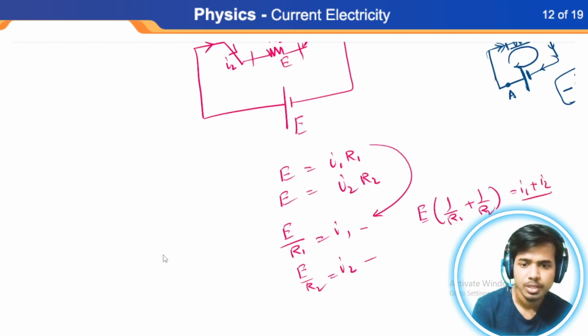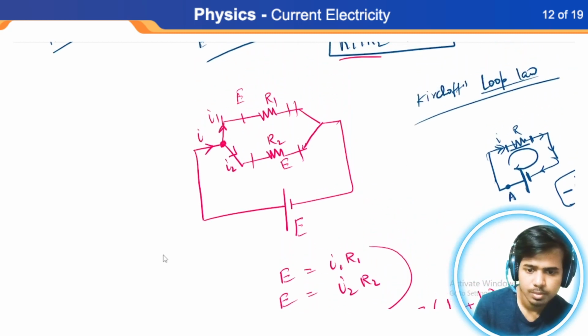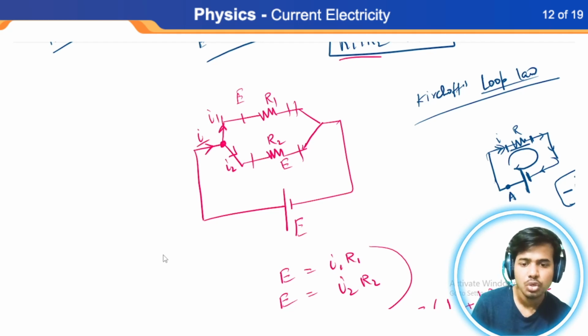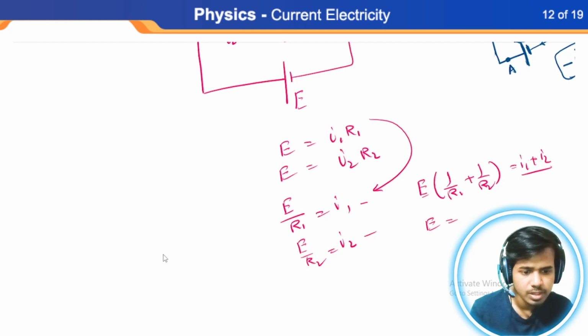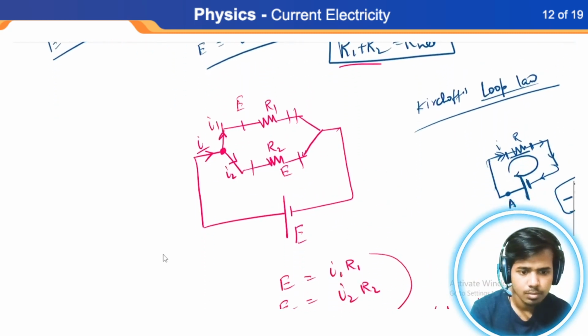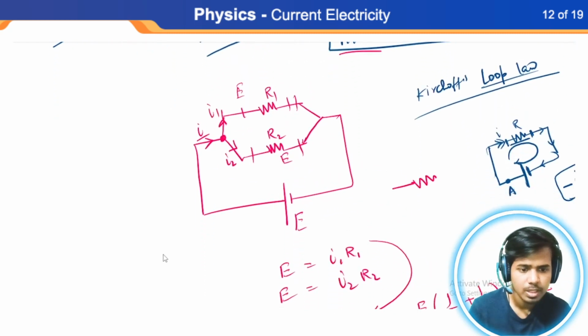What is I1 plus I2 across this junction? It is simply going to be I as per the junction law. So E multiplied by 1 by R1 plus 1 by R2 is equal to I net. And I net could be written in the format of this one.